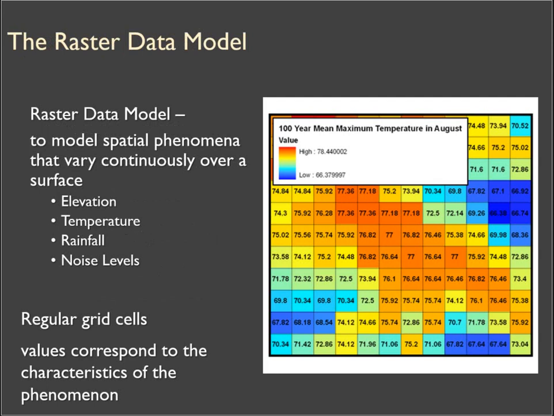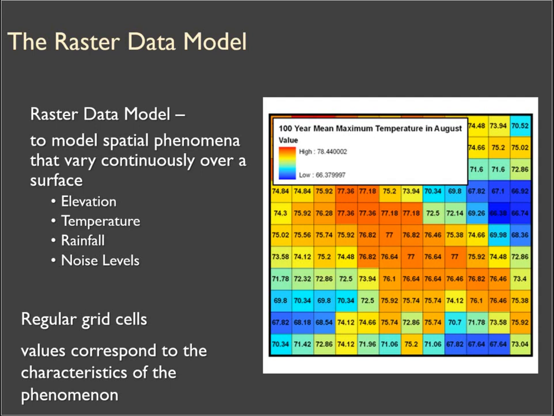Think of it as a grid, like a picture, a set of pixels where there is complete coverage and best suited to model phenomena that is measurable everywhere and also varies continuously over a surface. So the most common things we see with raster data are elevation, temperature, rainfall, but we can also model things like solar radiation, noise levels, change over time in landscapes, and things like vegetation.